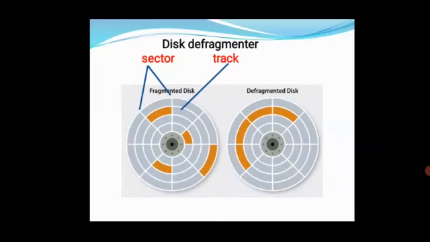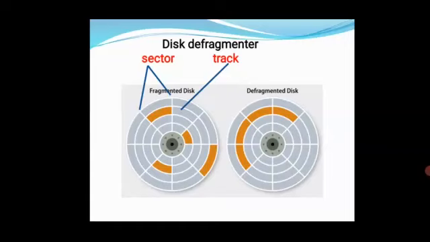Since the split files are joined and stored in a continuous location, we can get large free memory space. Did you understand, student? This defragmentation concept is done by the disk defragmenter.